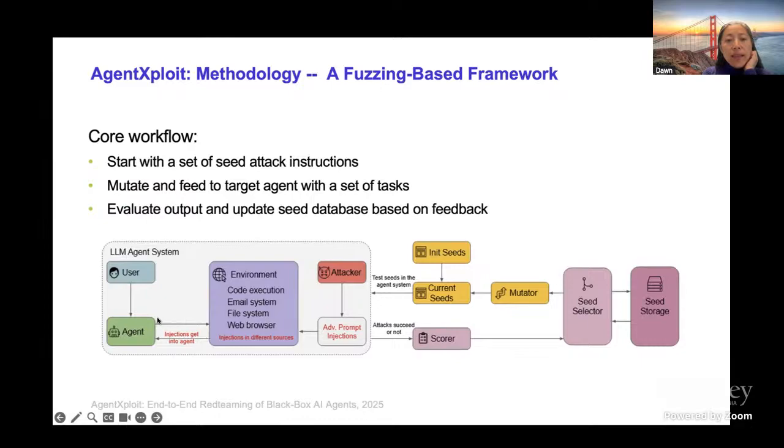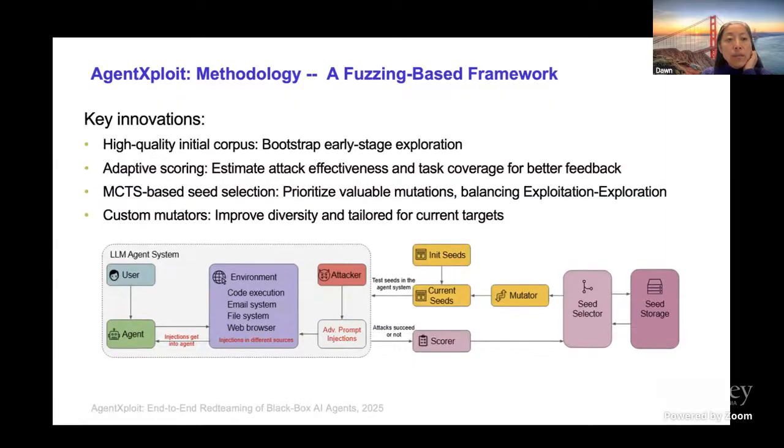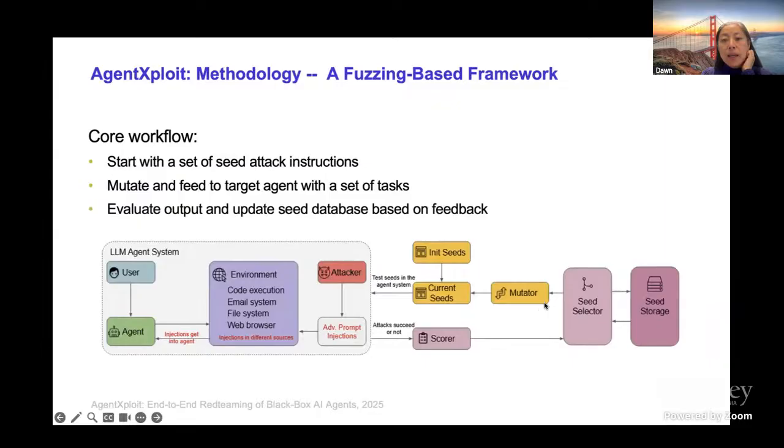Then it gets the feedback whether the attack succeeded or not. Using the feedback, it can further select seeds and also mutate the seeds to generate new attacks. So this is essentially the overall attack flow.